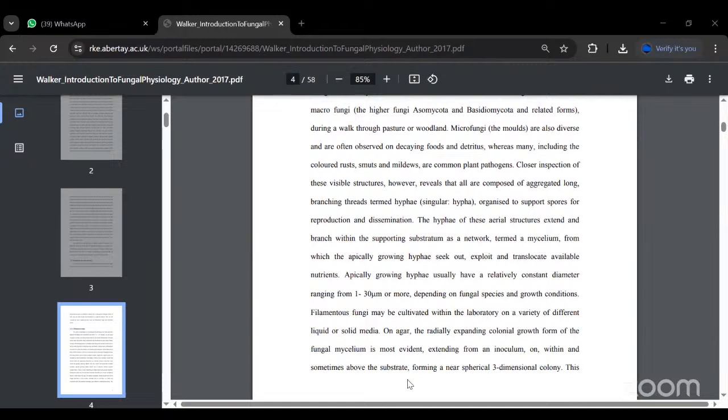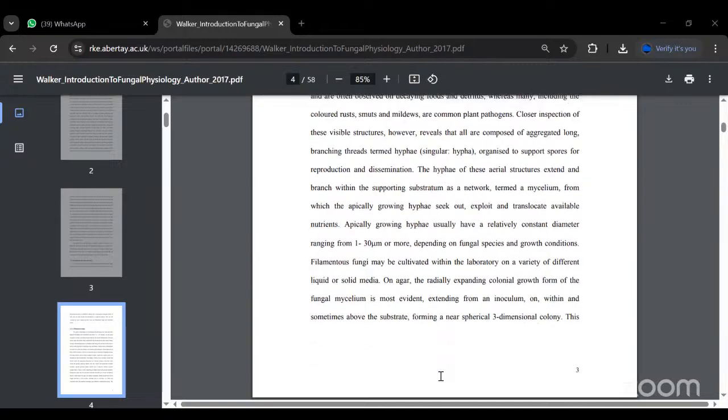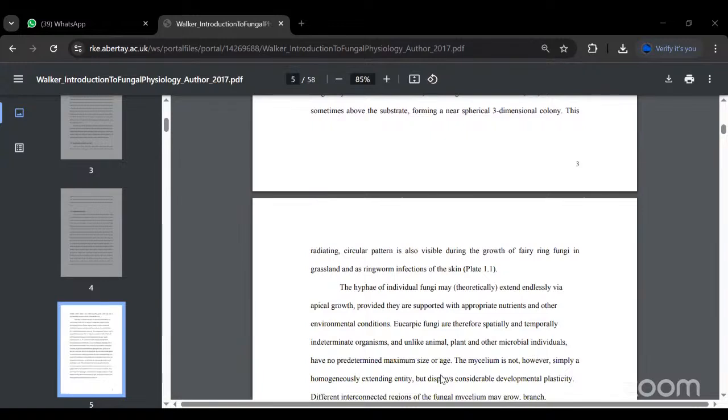Fungal mycelium most evidently extends from an inoculum on, within, and sometimes above the substrate, forming a near-spherical three-dimensional colony. This radiating circle is also visible during the growth of fairy ring fungi.